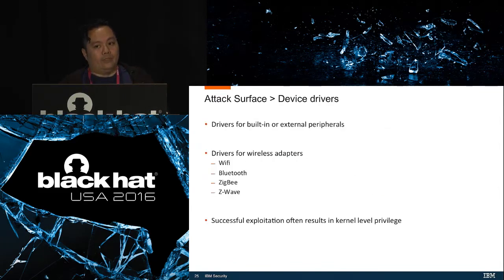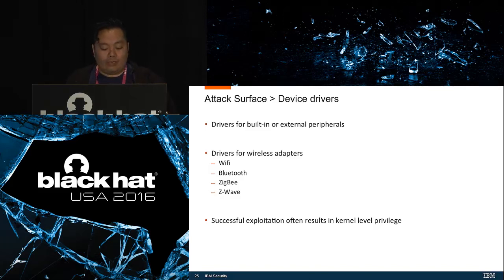Now, another attack surface is device driver vulnerabilities. Device driver vulnerabilities are another potential attack vector on Windows 10 devices, and IoT devices obviously need connectivity with other devices in order to be useful. So to facilitate this, devices would need to use built-in or external peripherals, and these peripherals require device drivers to operate.